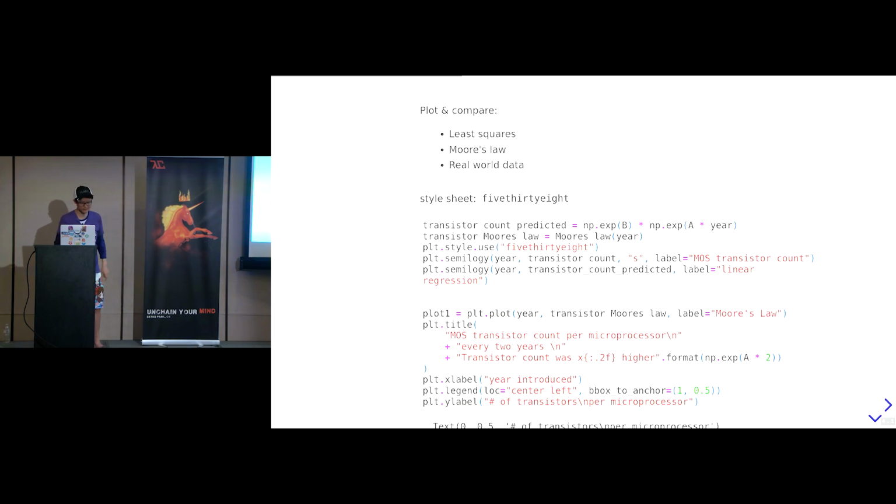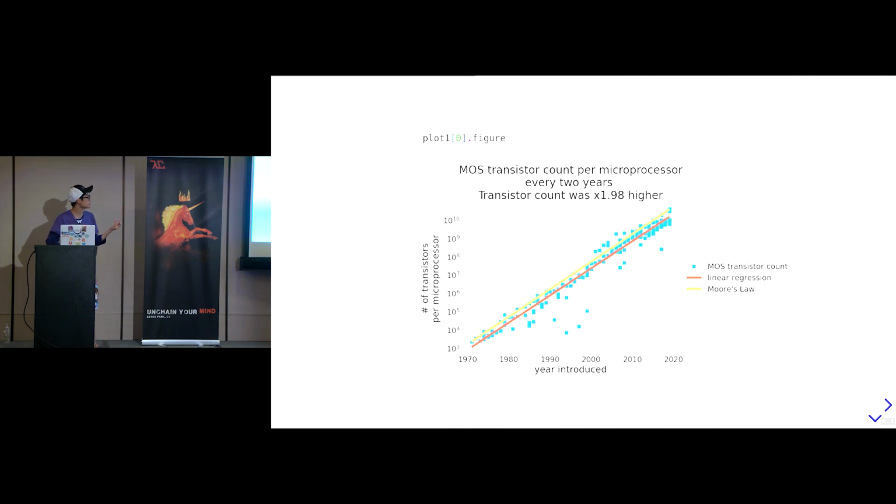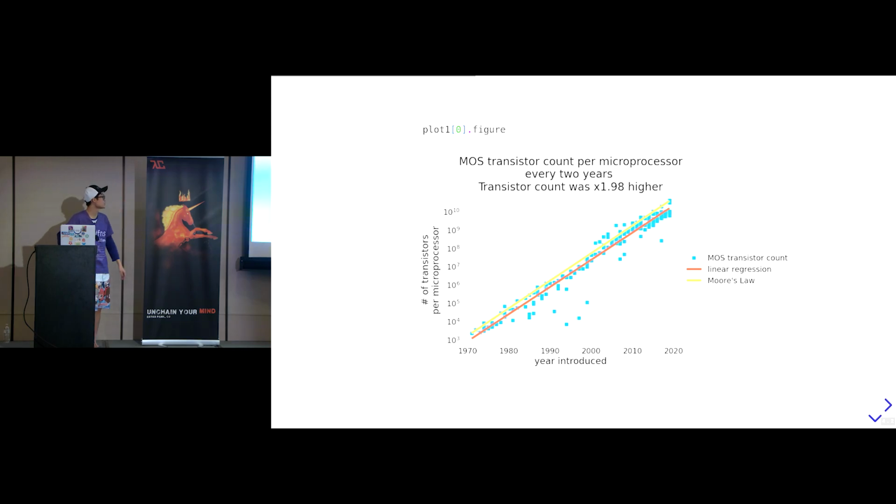It's a classic step-by-step style: you take the log of the y-axis and plot with captions and labels. Here's what it looks like. Yeah, pretty good.